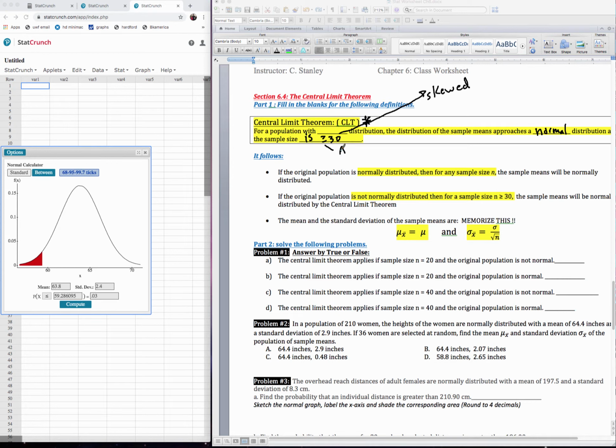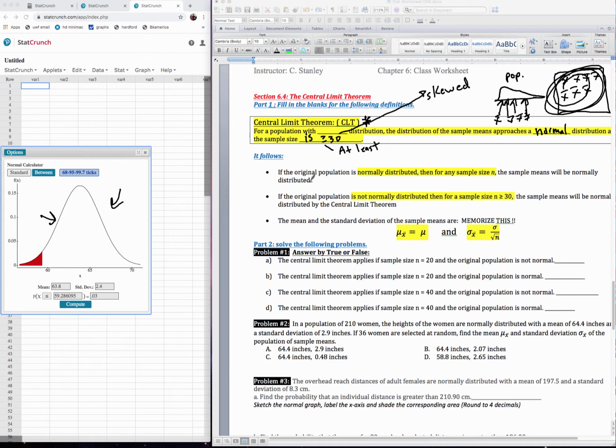Basically, if you graph the population data, it looks horrible, something like this. Remember, the sampling distribution is a graph of x-bars. All these x-bars are being pulled from this population. Sample, sample, sample, sample, sample. Every sample you get an average. If you graph these averages, they turn out to be normal.